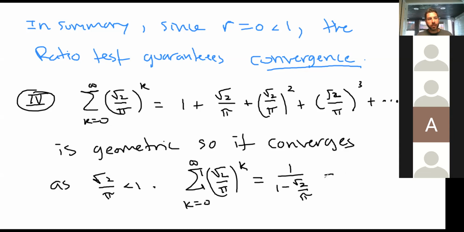But some of us don't like to write it like that, so we multiply by pi, and we can write this as pi over pi minus √2. Woo! That's a little more symbol crazy than the first three, because in the first three you get a number. Here you're getting a number, but it's written with pi and the square root of 2. So let that marinate in your brain for a moment.